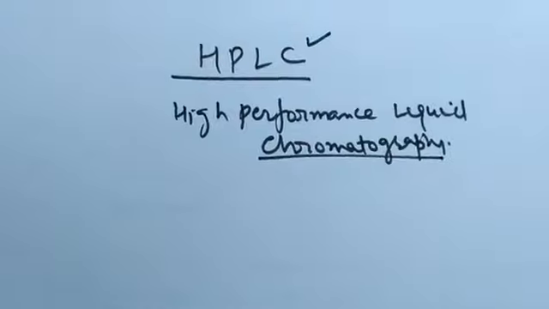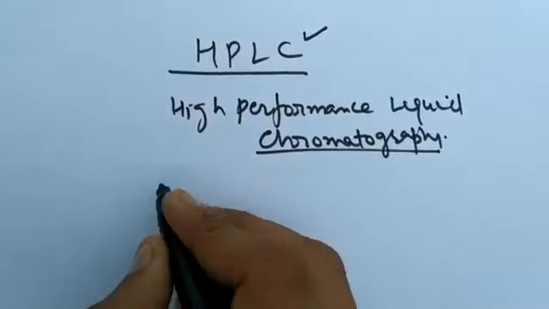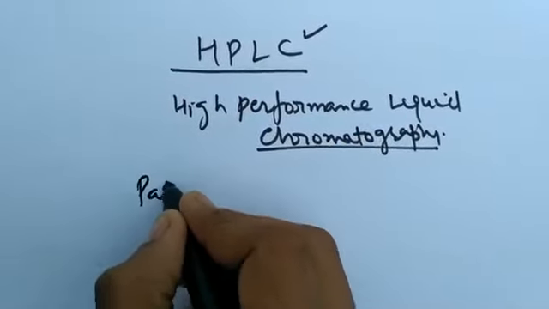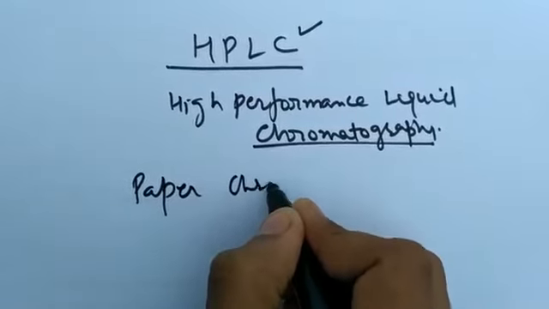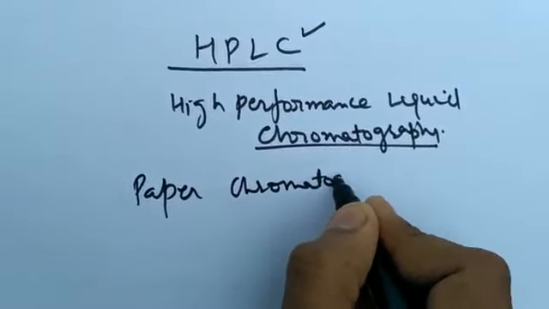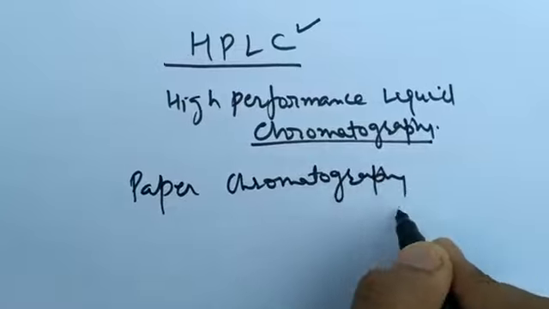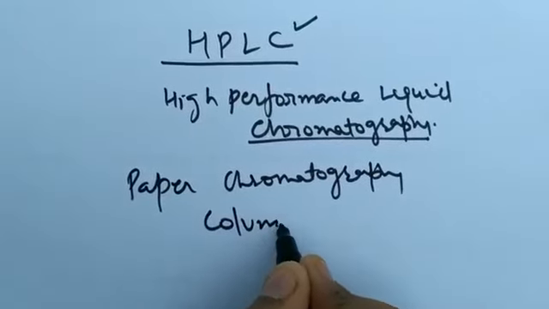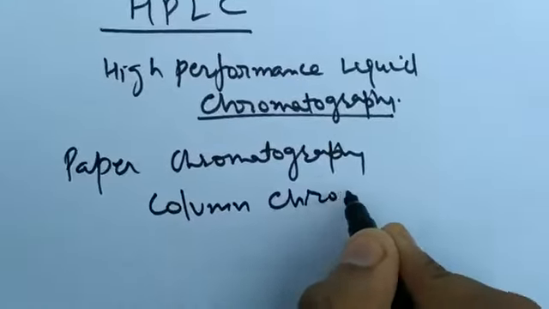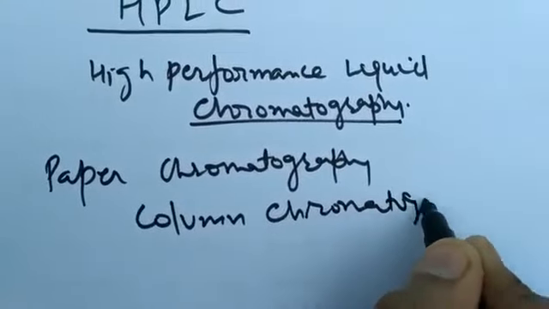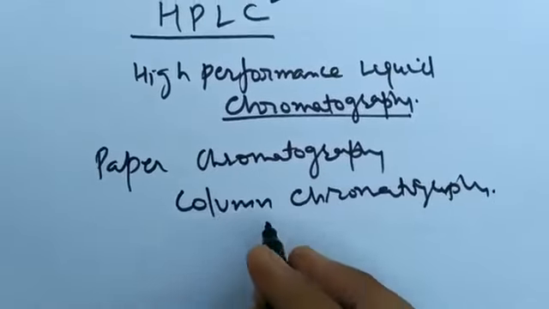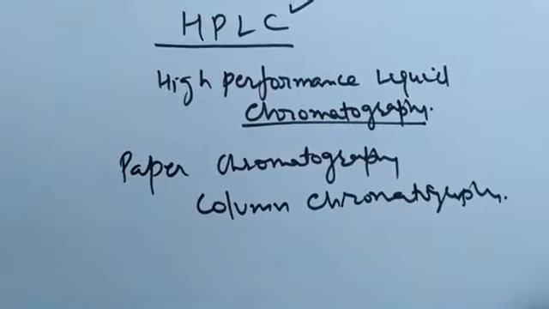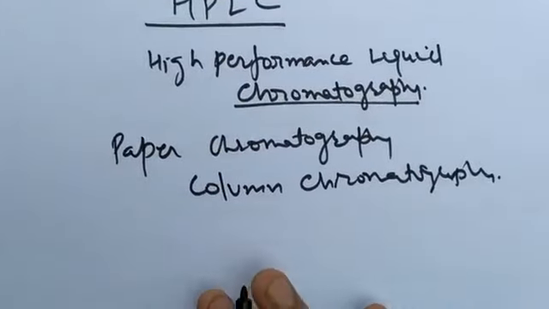If I talk about its principle, the basic idea behind it is paper chromatography. It is a type of column chromatography, and it is a basic type of technique used in chromatography.